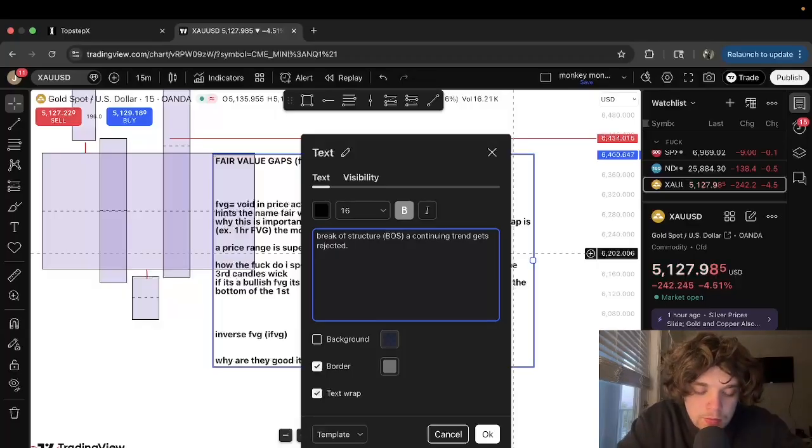So, example, downtrend, and structure gets broken to the upside. I'll show you what that looks like.